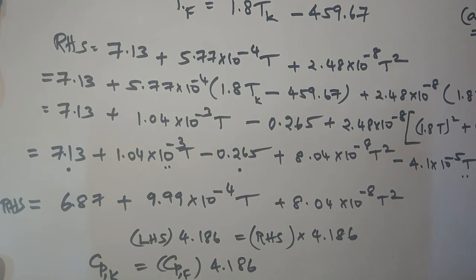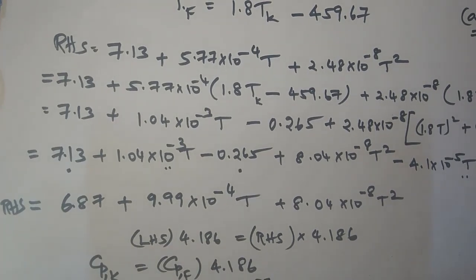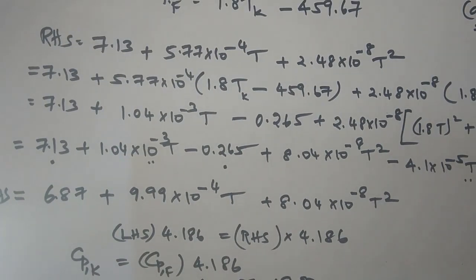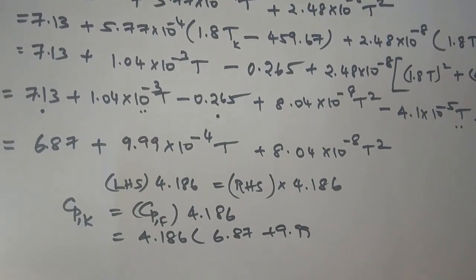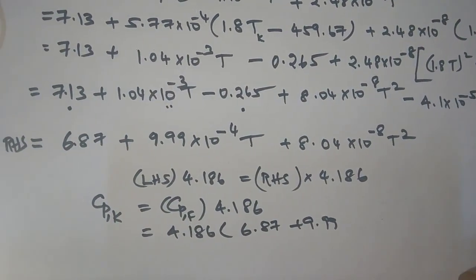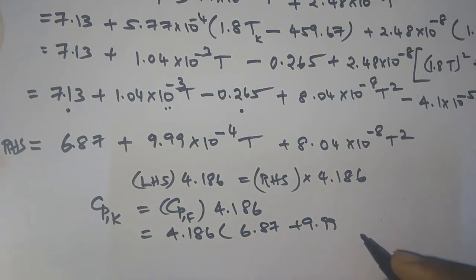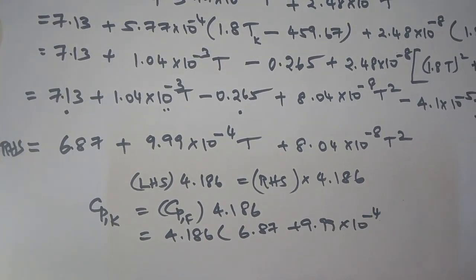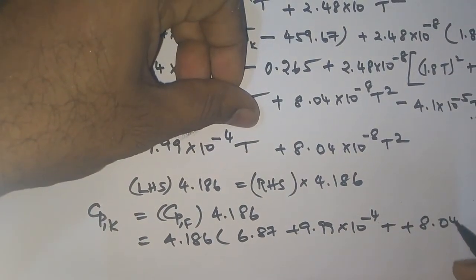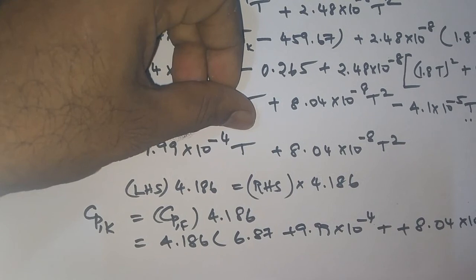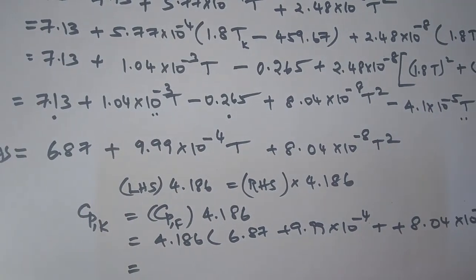So when I multiply 4.186 into this right hand side value, 6.87 plus 9.99 into 10 power minus 4 t plus 8.04 into 10 power minus 8 t square, once we multiply we get the final answer.